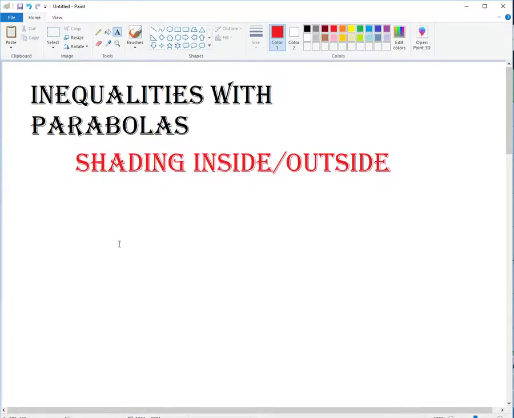Okay. So now we can come back to our notes and say, anytime you have your equation where you have plus or minus 4cy is greater than or equal to, or just greater than, x minus h squared, you shade outside.